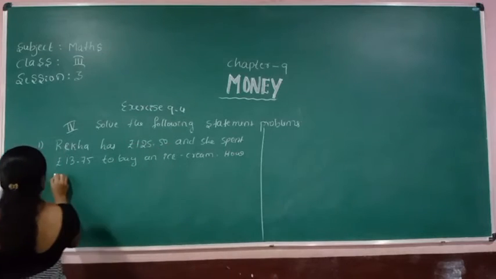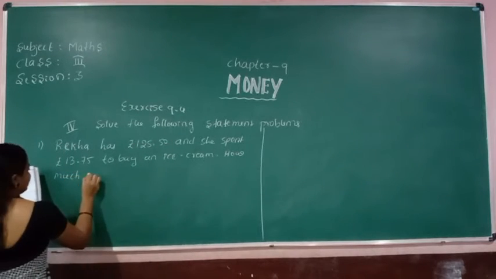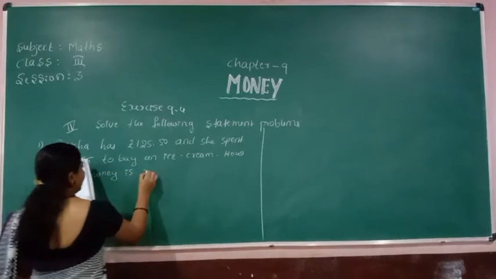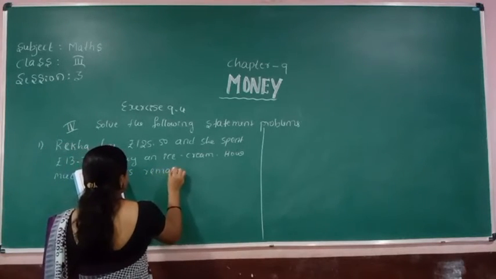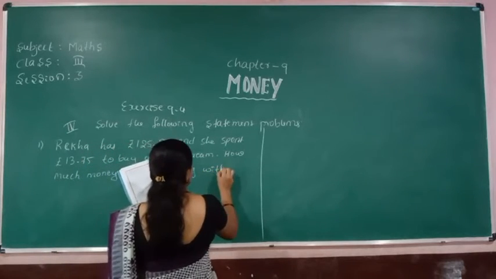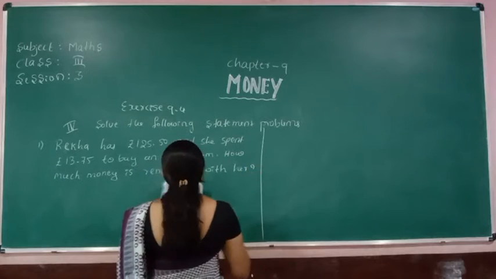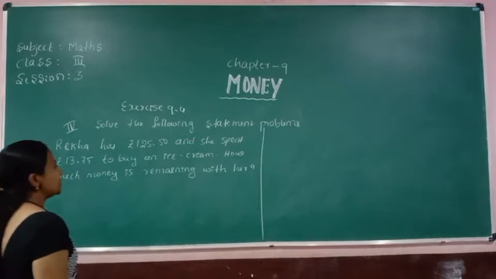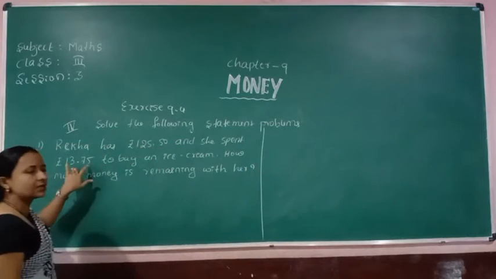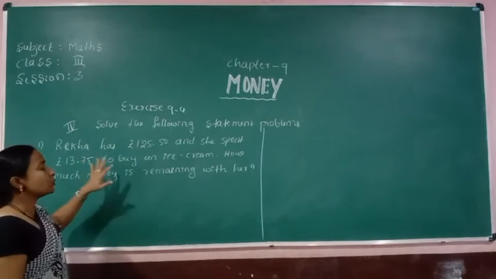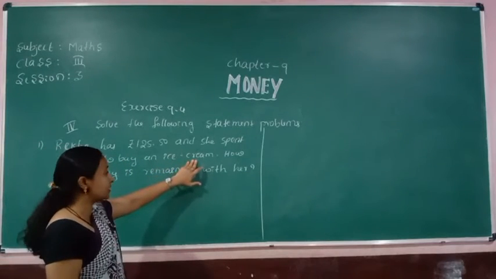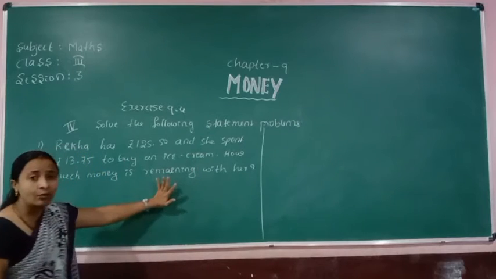How much money is remaining with her? Yes, okay. So Rekha has, how much she has? Rupees 125 50 paise, and she spent rupees 13.75 paise to take ice cream. Okay. So how much amount remains with her?